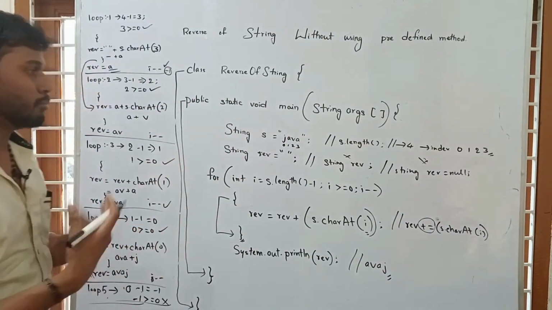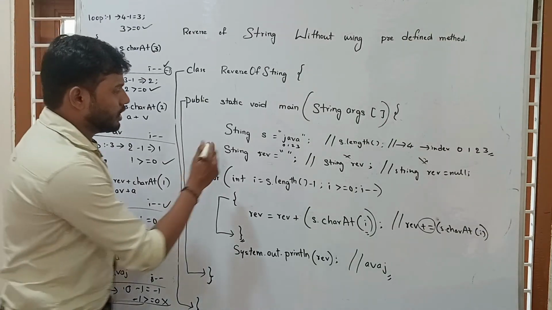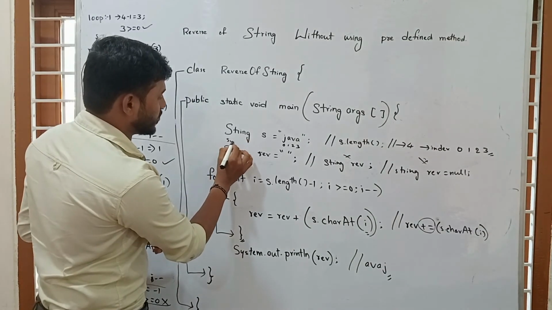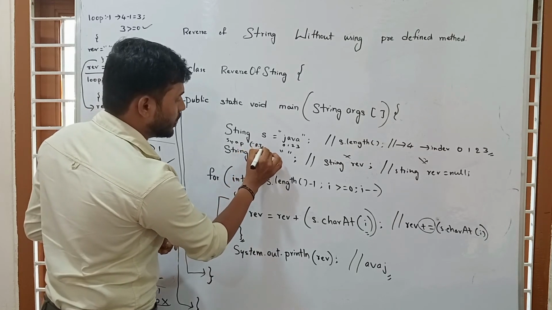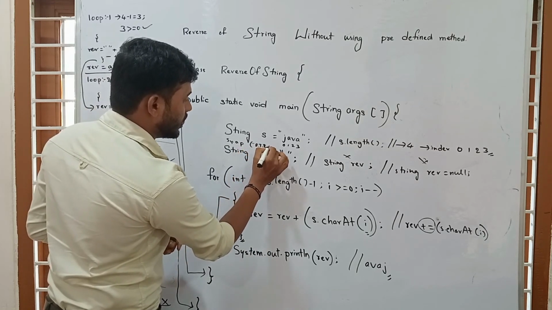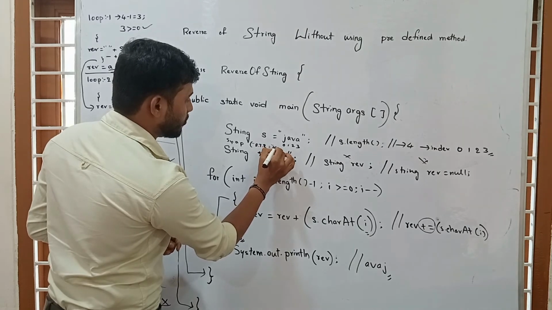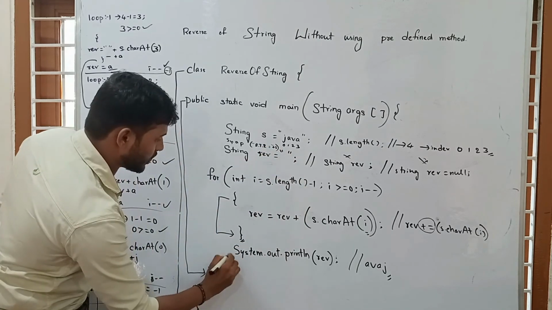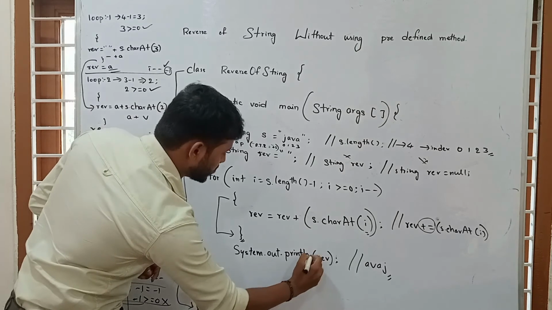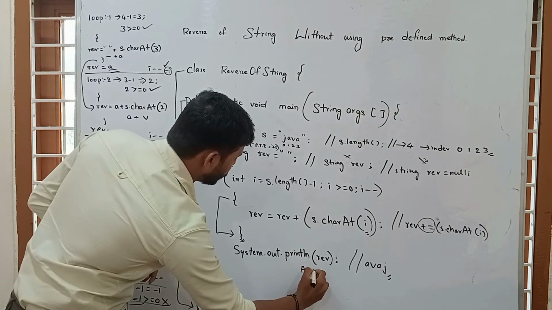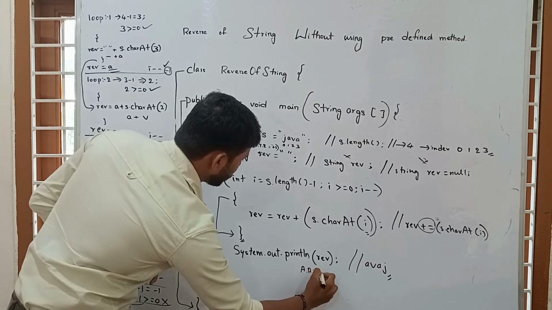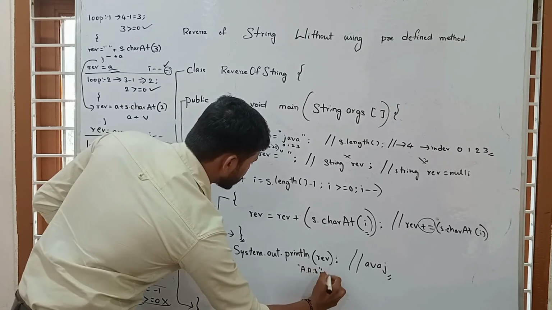If we need a more perfect execution, we need to go through that. Here also we need to write System.out.println before the reverse of string and after the reverse of string, plus reverse.